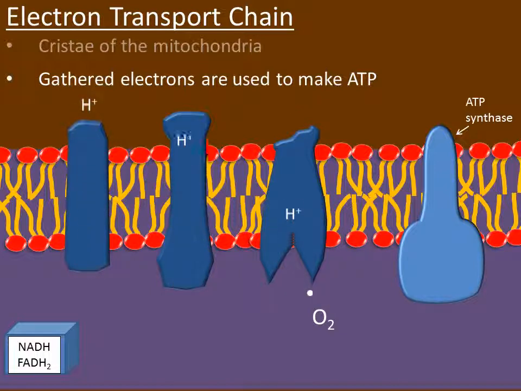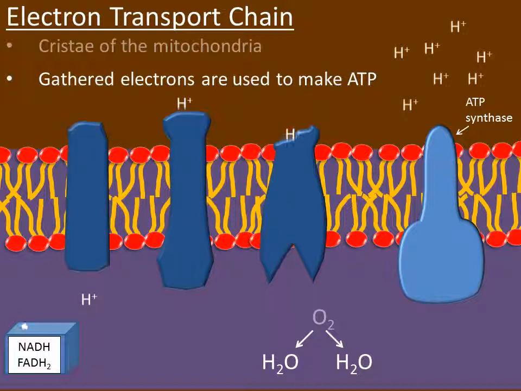Now what's pulling this electron the entire time is the presence of the O2 molecule down here. And you can see that what happens when that electron is finally met by O2, it is reduced, oxygen is reduced to form water. And it's that pull on that electron that keeps this whole process going, which is why respiration requires oxygen.